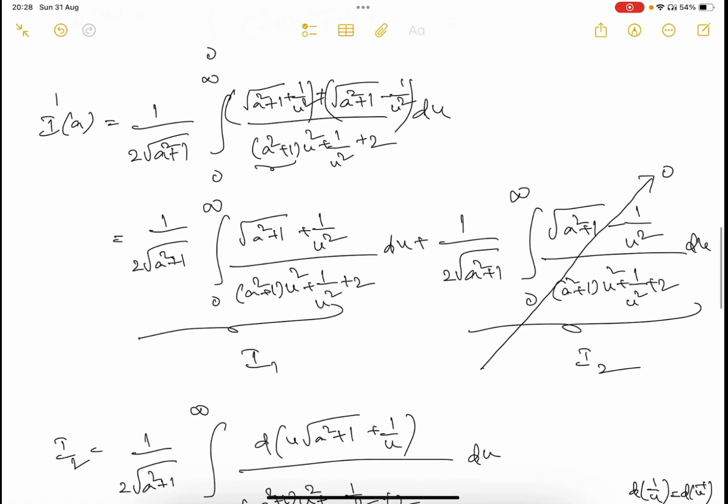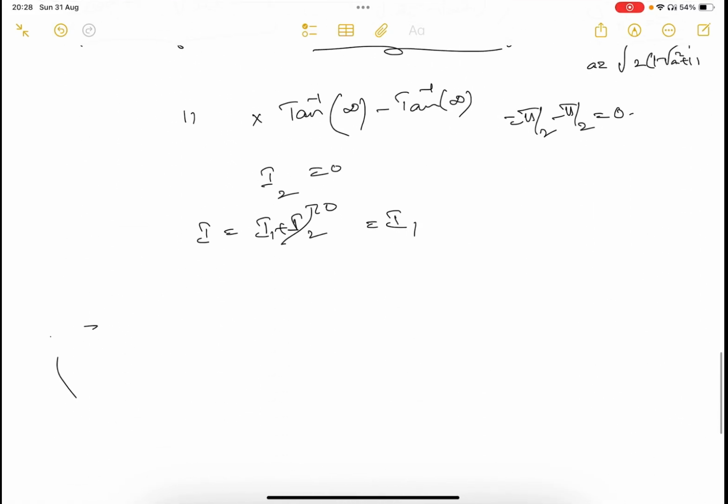Fine. Here I dash of a is I1 plus I2, then it will be I1.